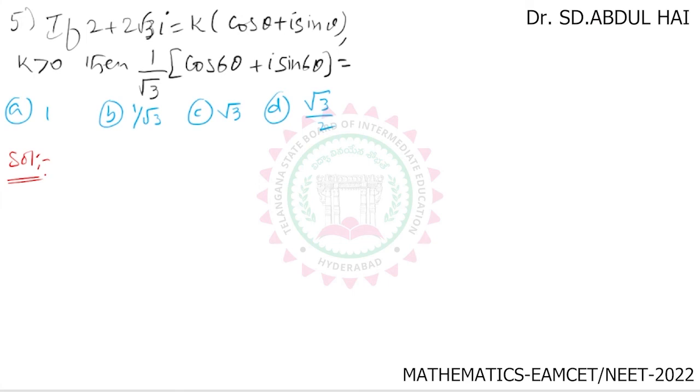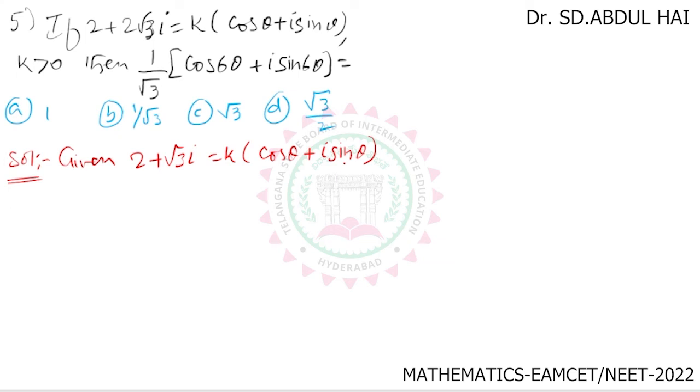What is z1? 2 plus root 3i is equal to k into cos theta plus i sin theta. By seeing this equation, you may recall that it is in the form of the mod amplitude form.